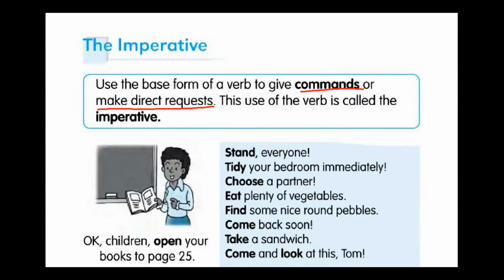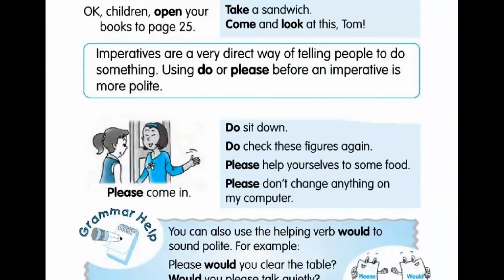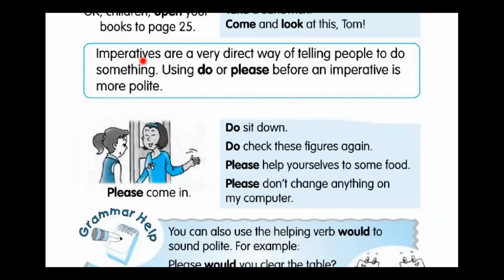Okay, when you make a request to someone, you add please over there. Whereas when you are giving a command, you don't add please. Okay? So let's see over here now. What it is stating is that in case of imperatives, we tell people directly to do something.